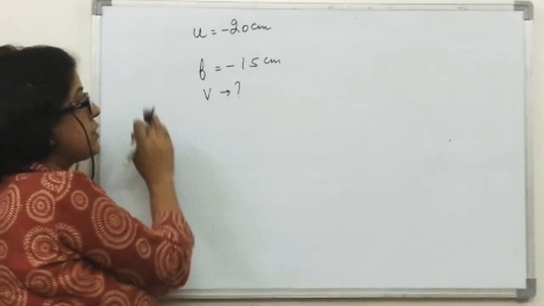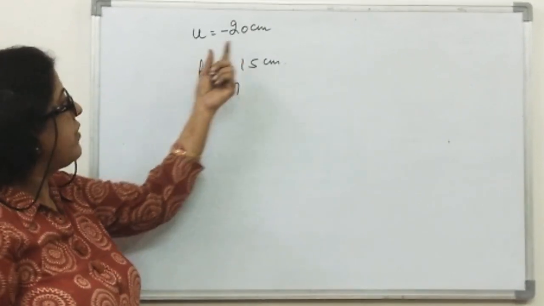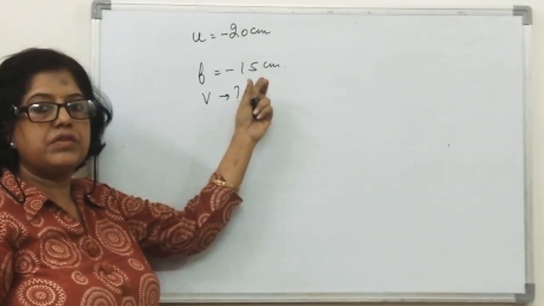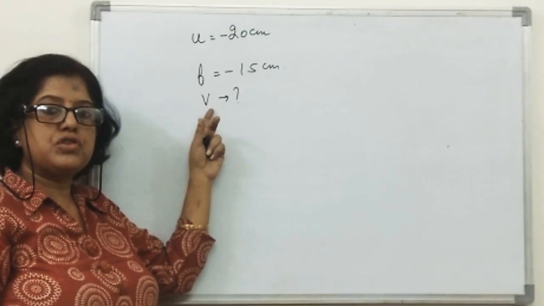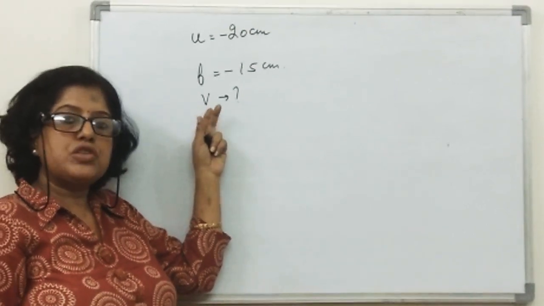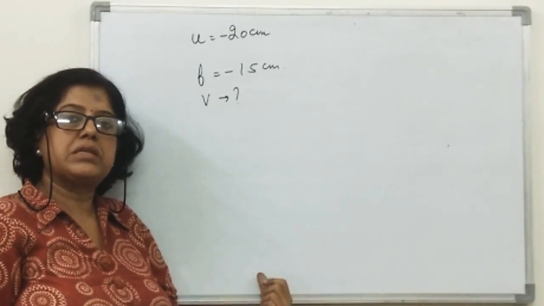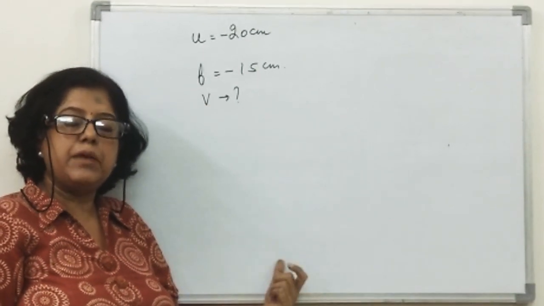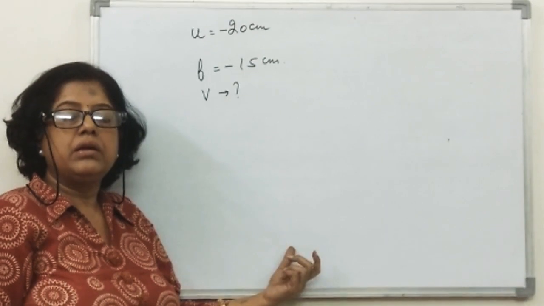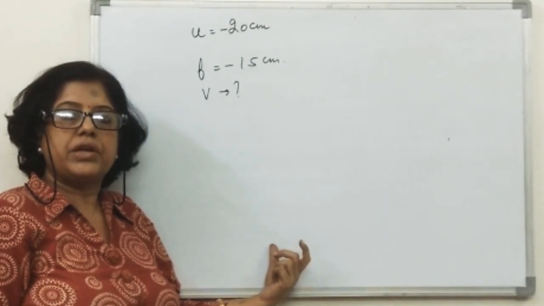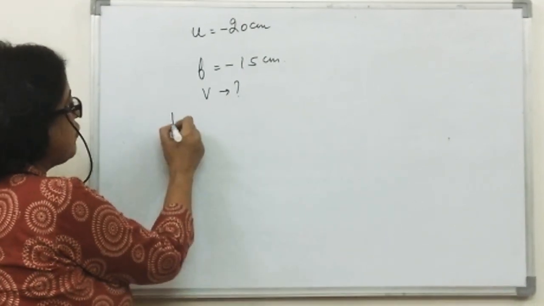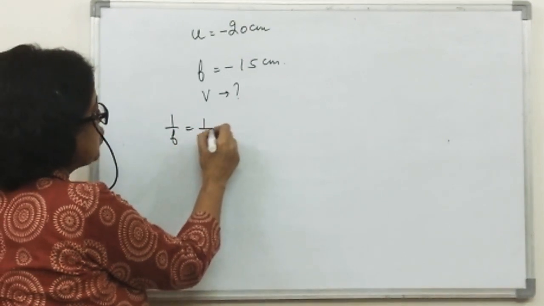Fine. So if I'm talking about a simple question where we are given the position of the object and the focal length of the mirror, and we have to find the position of the image, when we are finding the position of the image, we will not assign any sign to v. The sign of v will come automatically, and that sign will help us verify whether our answer is correct or not. So if we use the mirror formula, 1 by f is 1 by v plus 1 by u.